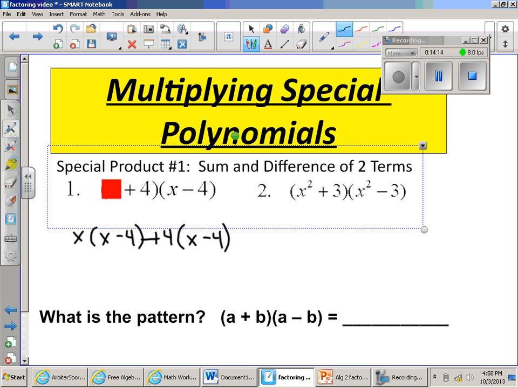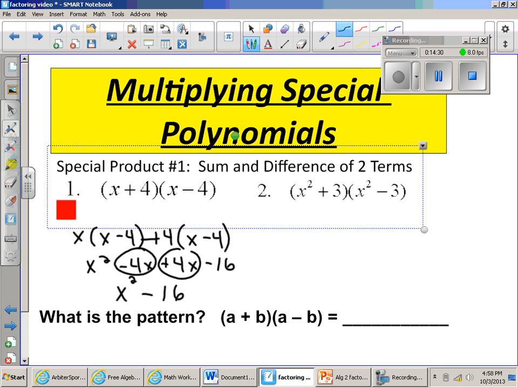Rewrite. Have x squared minus 4x plus 4x minus 16. Combine like terms, I get x squared minus 16. Minus 4x plus 4x becomes 0. Try number 2 on your own. See if you can come up with the pattern.